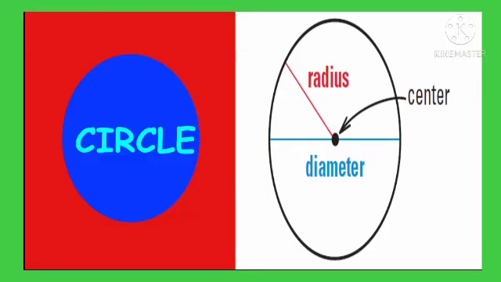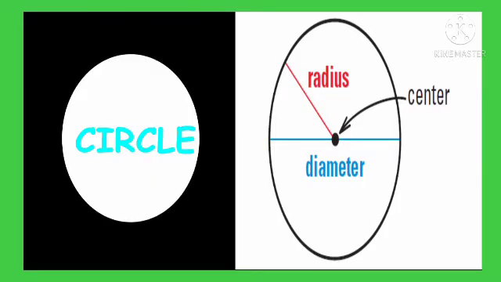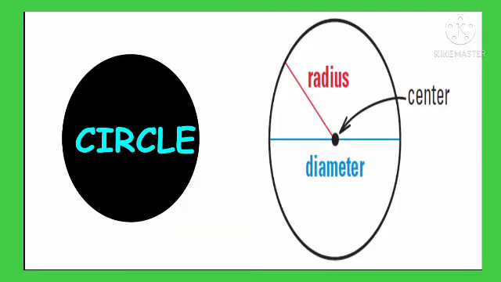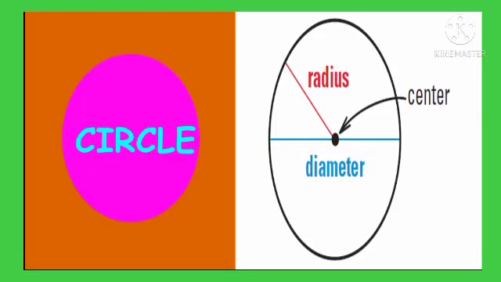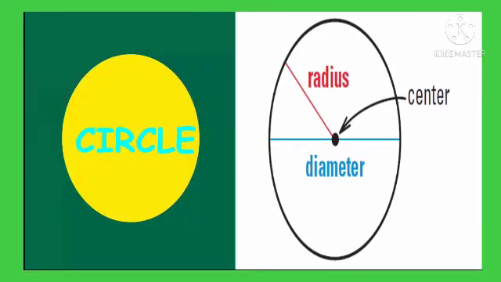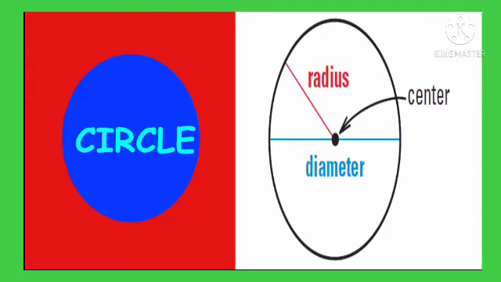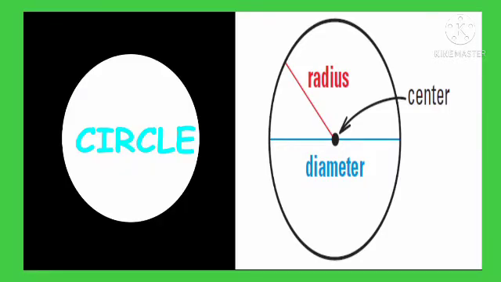Here, OA, OB, OC, OD, OE are the lengths of the radii of the given circle. All the radii are equal in length in a circle. A line segment AB passes through the center of the circle O. AB is the diameter of the circle. The line segments XY and LM are the chords.